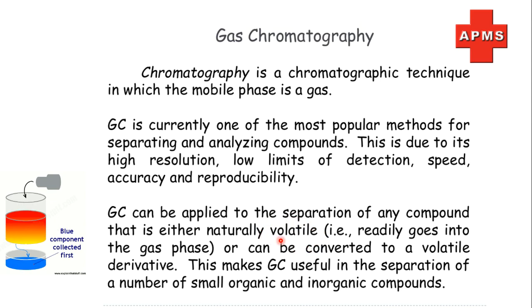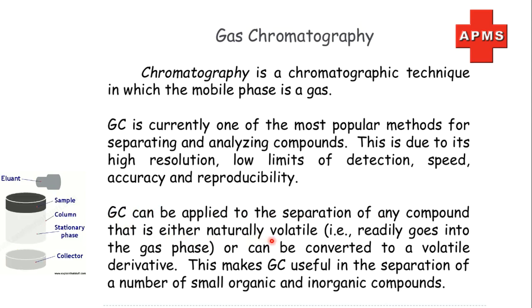If the liquid is volatile, it is very easy to convert it into gas, because the sample converts into gas, mixes with the mobile phase and goes through the column.